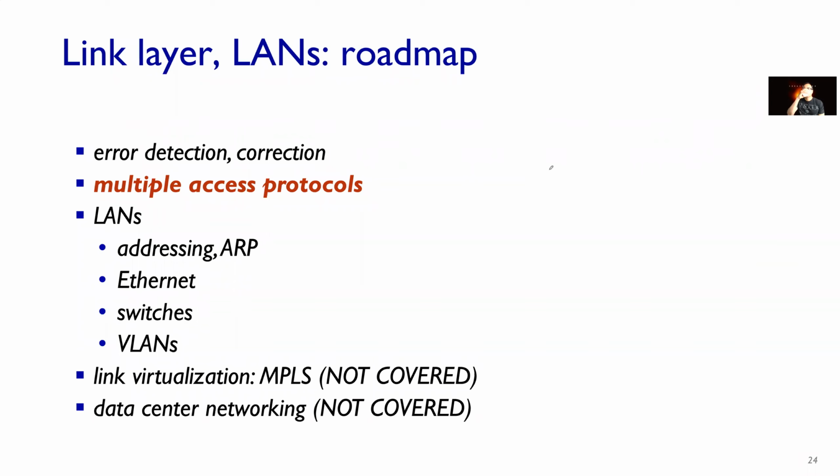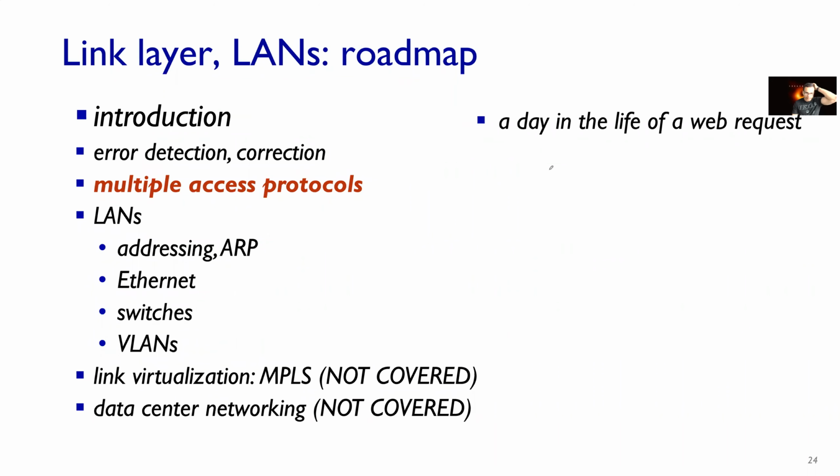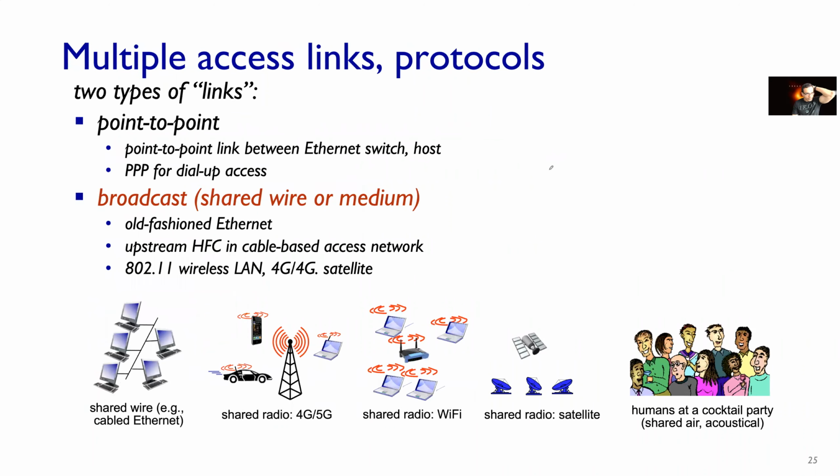Now, let's start looking at multiple access protocols. Remember, we talked about 2 kinds of links. Of course, we have point-to-point links, say between routers, or later when we see an Ethernet switch network, you'll see that there's a host that directly connects to an Ethernet switch.